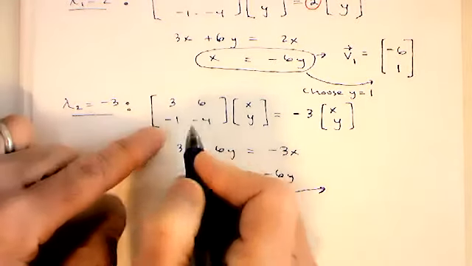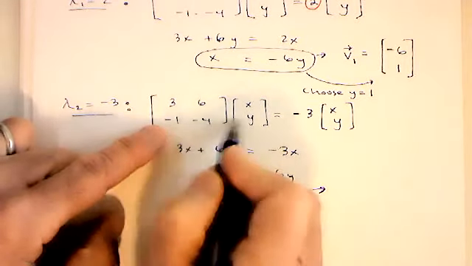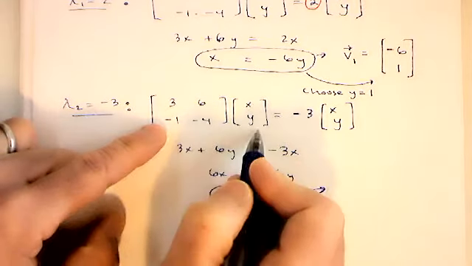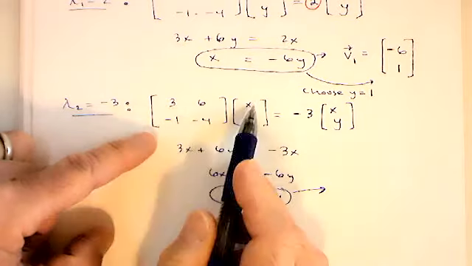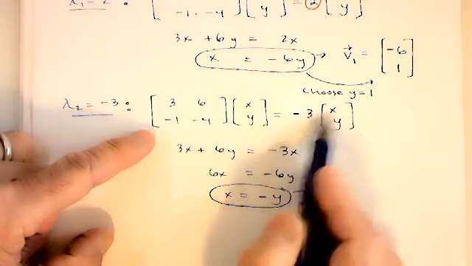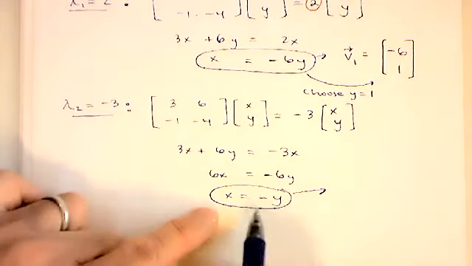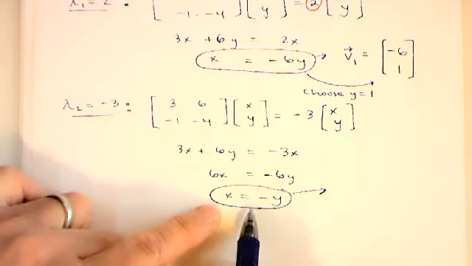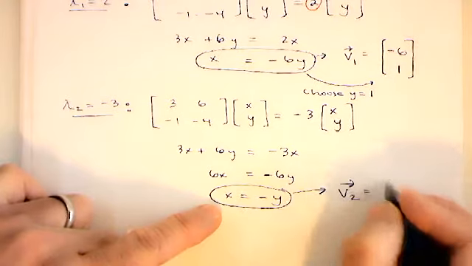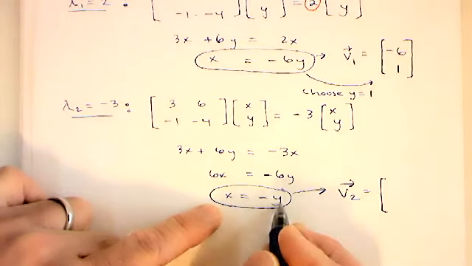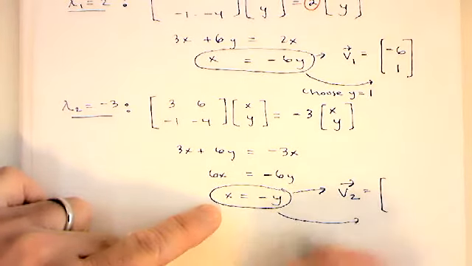So one of the questions I get all the time is, what about the second multiplication? How come you didn't multiply this by this? There's times I might need to do that, but oftentimes if I just multiply the first row times the column and set it equal to this top number, if I can get a relationship between x and y, that's really all I need. Because what I would do here, if x is equal to negative y, I would just say, well, let's just let y be 1 then.